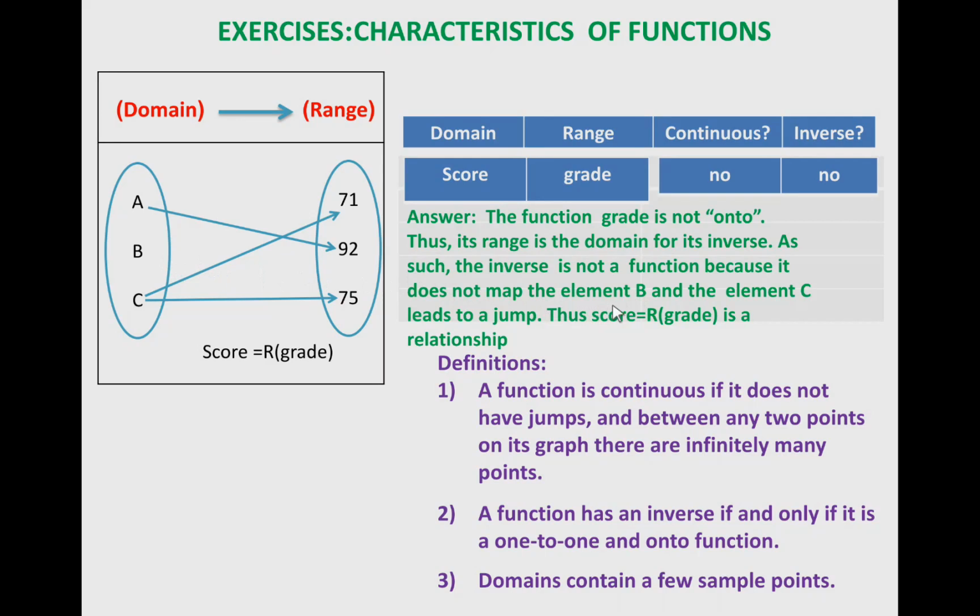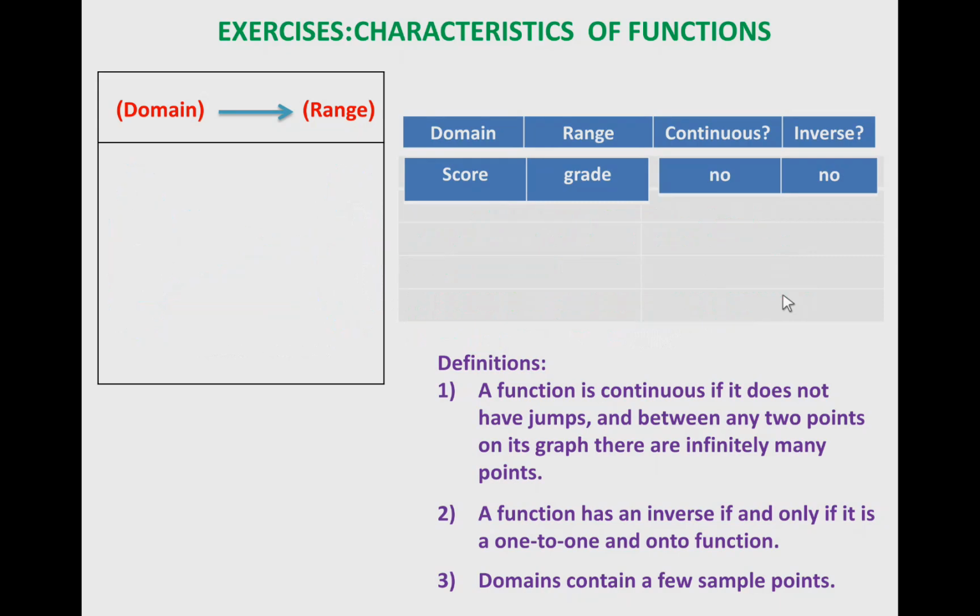It does not map the element B, and the element C leads to a jump because the element C connects to both 71 and 75, and there is a vertical line connecting 71 and 75 because C is the x value and these are the f of x values. So that's a violation there.